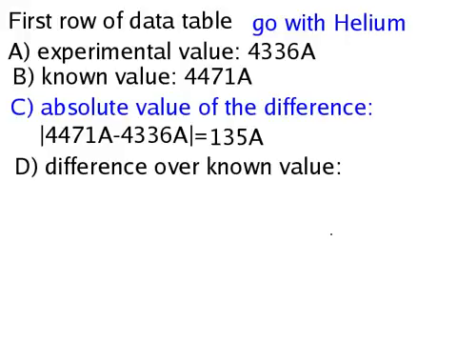So the difference was 135 angstrom divided by the 4471 angstrom, because essentially what we're calculating now is how far off we are from the known value.